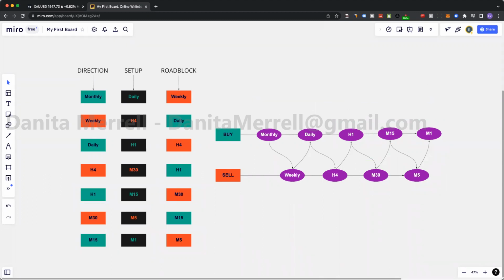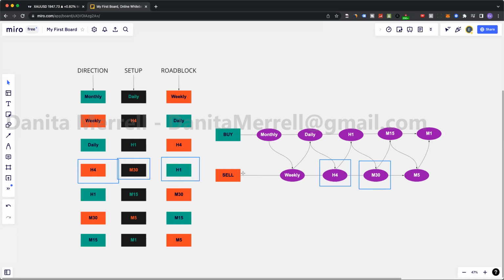So for example, let's say we have a weekly direction of sells. Then I know I can enter the market at H4, or I can enter the market at M30, right? So if I'm entering at H4, I have my setup in M30, and then I have my roadblock in H1.